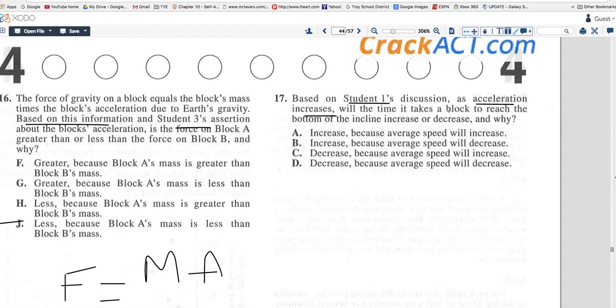Reach the bottom. Increase or decrease. I think it is C. Yes, it is C. So how'd you get that?